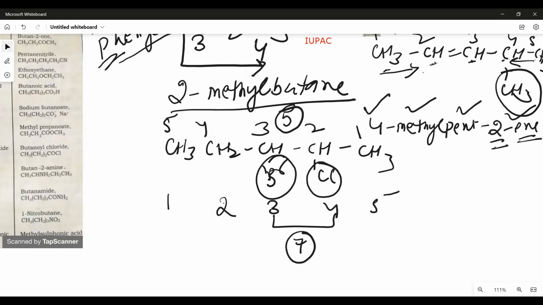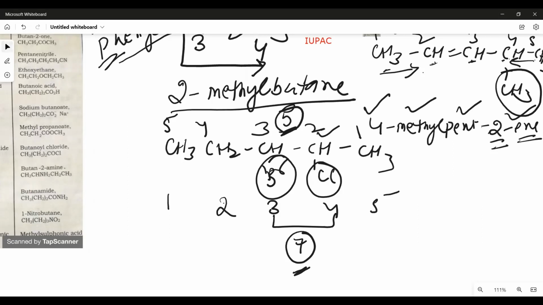So from where we are getting the lowest number of the sum of the position, then you can say only कि it will be the right one. So here the sum of the locants comes out to be 5. Here the position comes out to be 7.